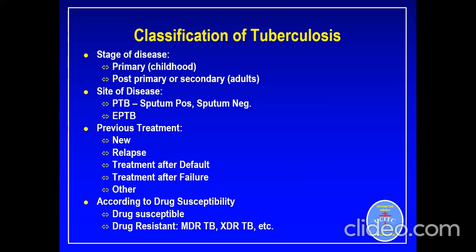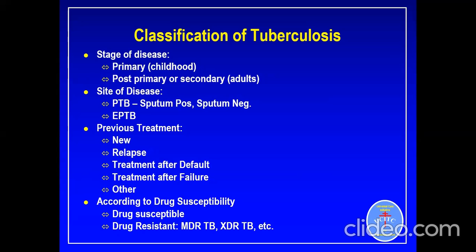Then the other classification, which is more appropriate for the program and for management, is previous treatment of tuberculosis. So if the person has not taken any treatment in the past or less than 1 month of rifampicin containing treatment, then he is classified as a new case.